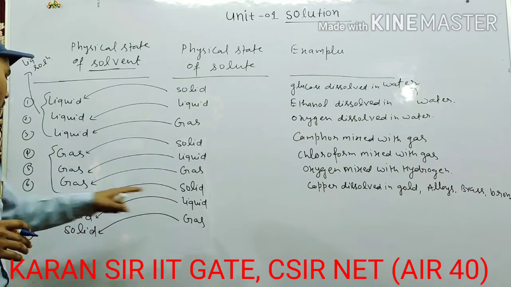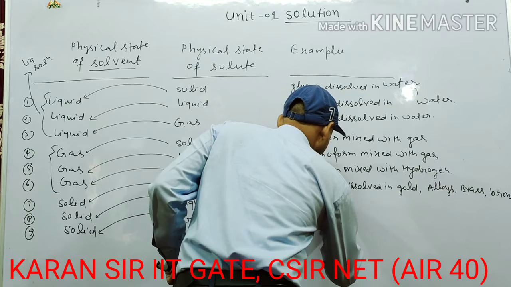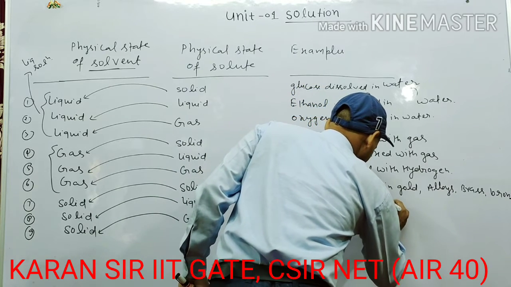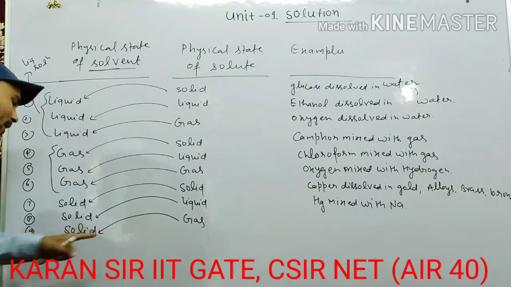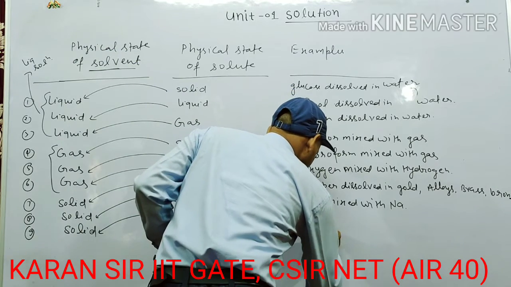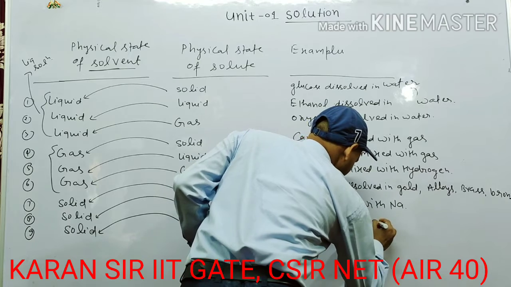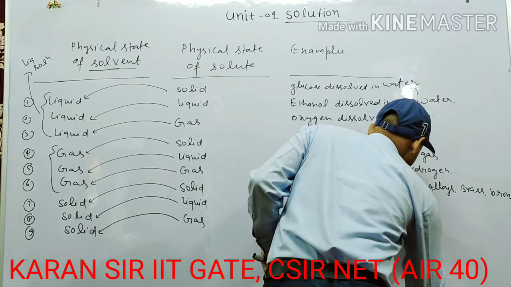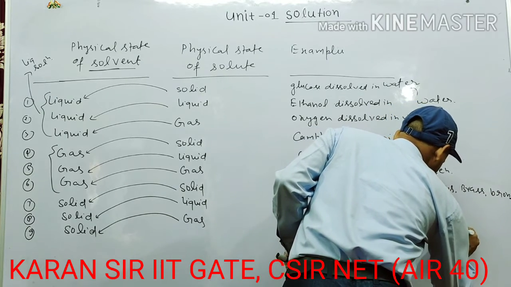So liquid in solid, that is Hg mixed with sodium, this is the solid and present in the solid state. Gas in solid, hydrogen gas mixed with palladium. Palladium is a metal that is present in the solid state.